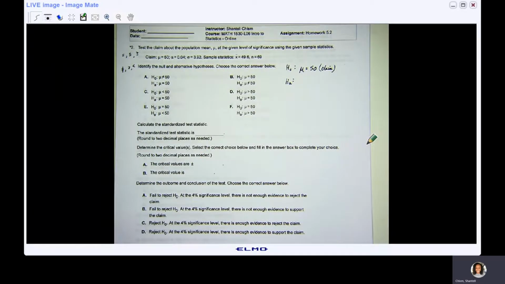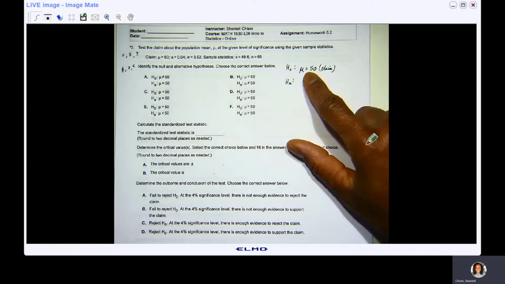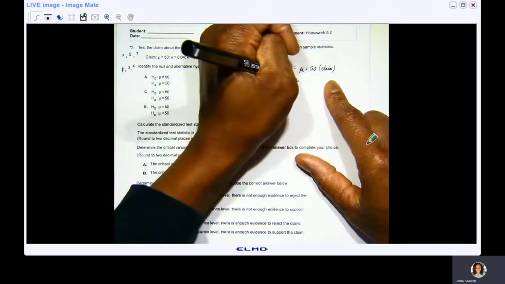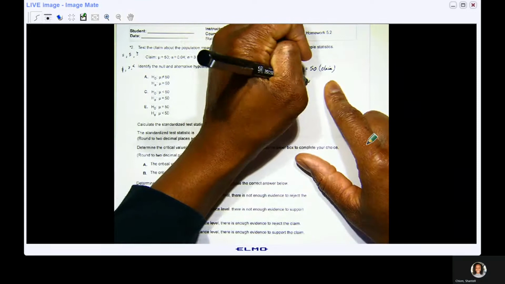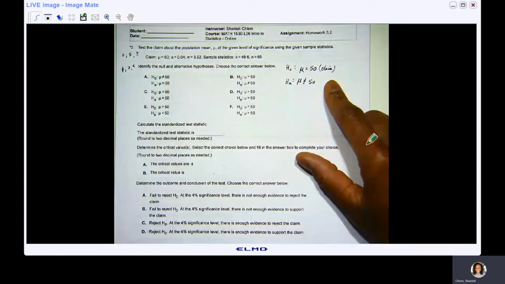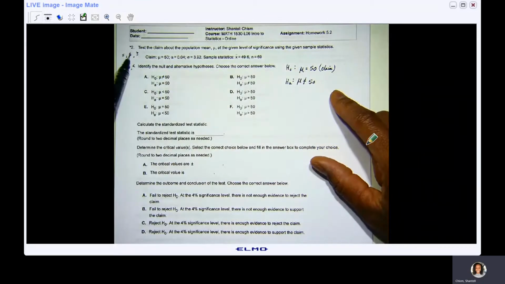So how we write the other hypothesis is we consider what the opposite of equal will be. The opposite of equal would be not equal. Just like the opposite of less than or equal to would be greater than, and the opposite of greater than or equal to would be less than. You remember from 5.1, you have particular pairings.